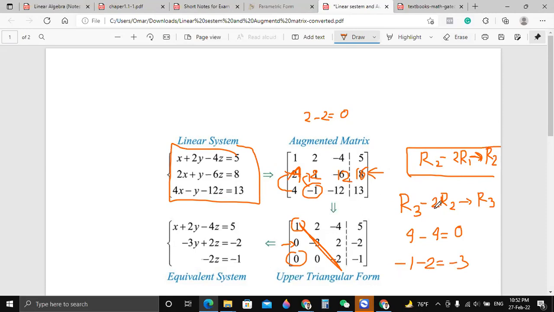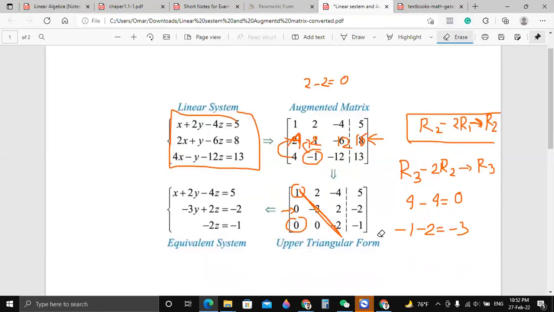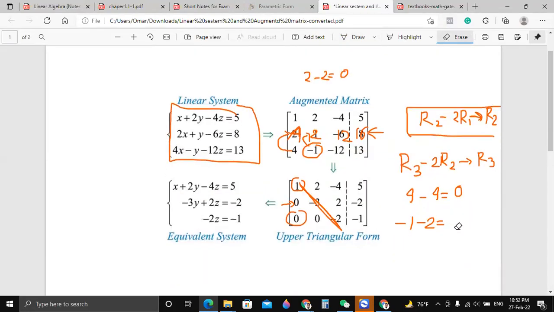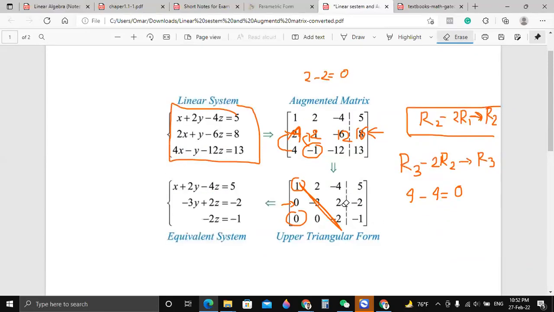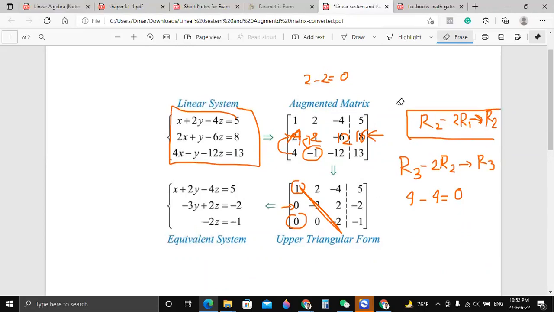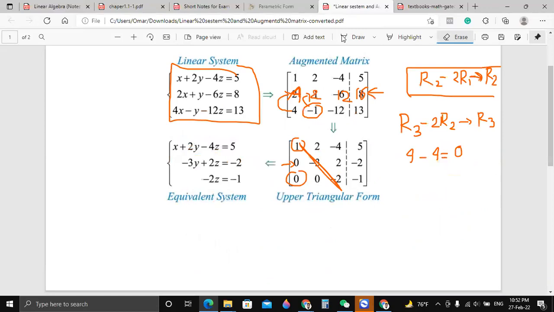Oh, maybe they skipped a line here. Okay, they skipped a line here, so maybe they got some easier formula. So let me think. 2 minus 2 is 0. Okay, we can make another line. Okay, it's no problem.